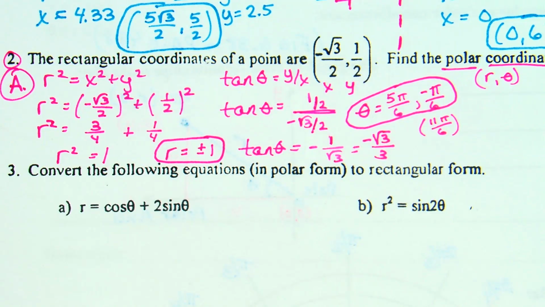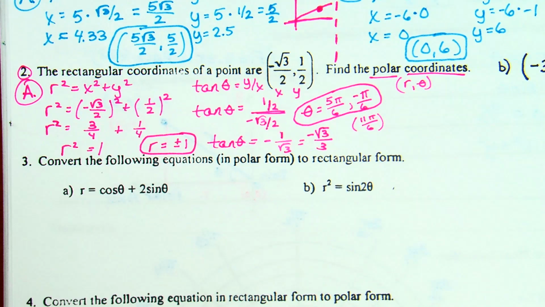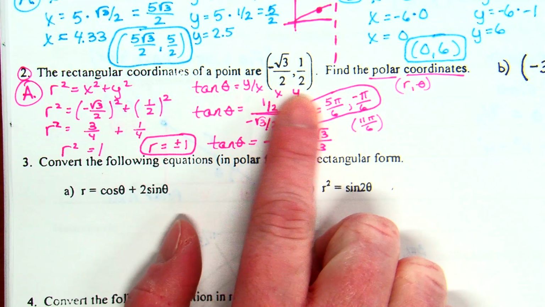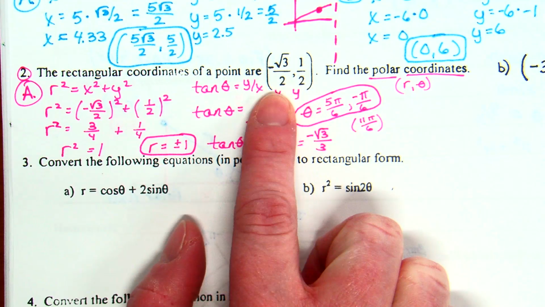So in order to come up with the two ordered pairs, my suggestion is, okay, let's visualize. Where is the ordered pair negative square root of 3 over 2, comma 1/2? Where does that end up? Second quadrant. Here's your visual with me.